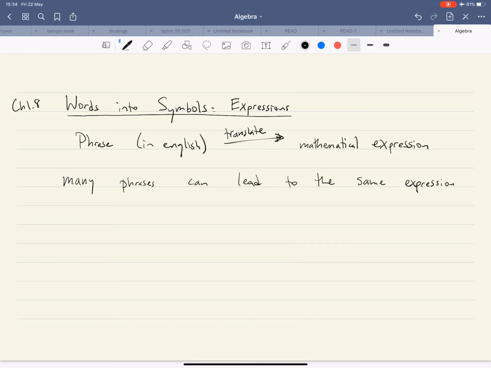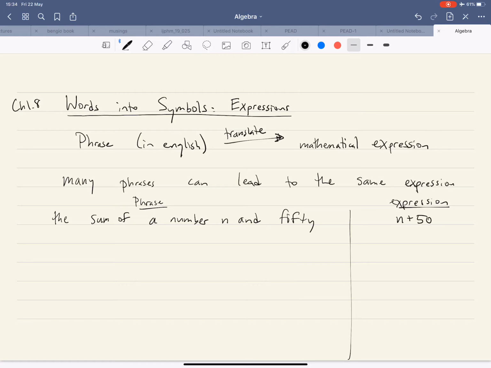For example, I could have the phrase, the sum of a number n and 50. So I've got my phrase over here and my expression over here. The sum of a number n and 50, well, that's just going to be n plus 50.